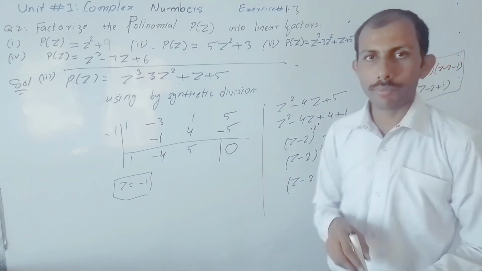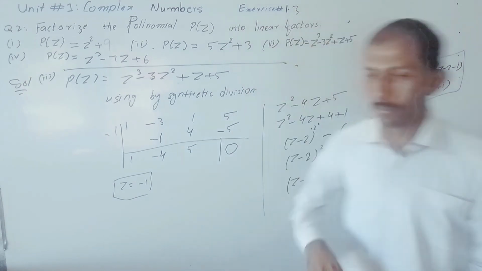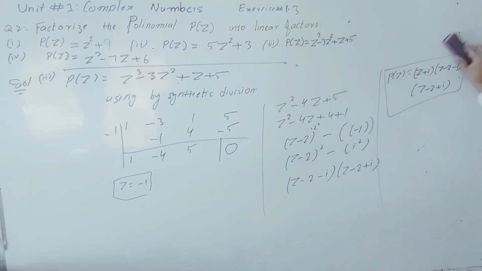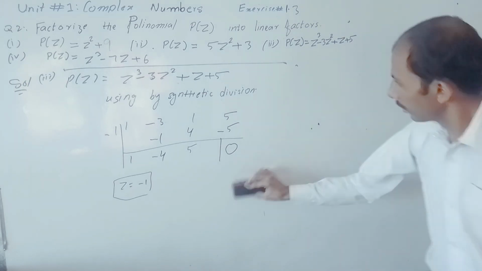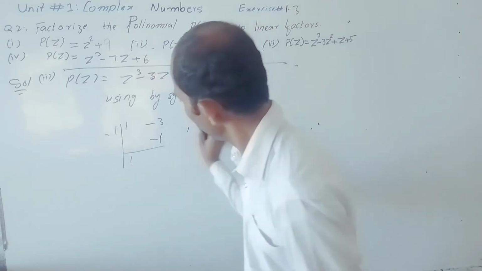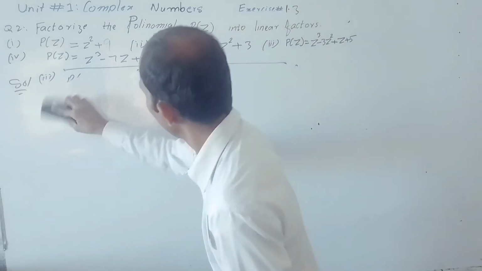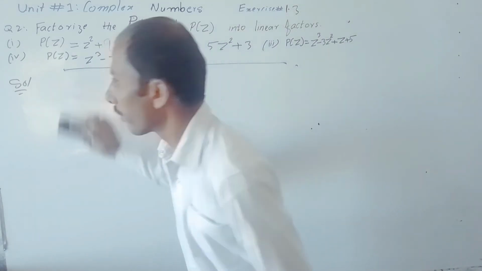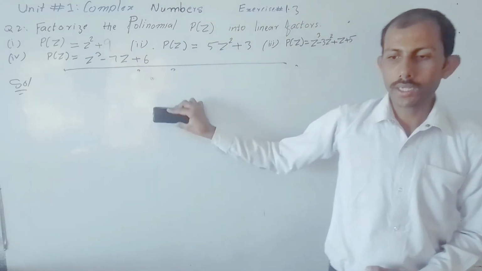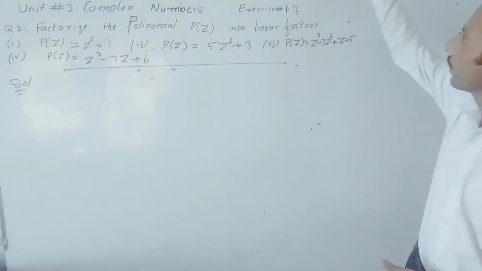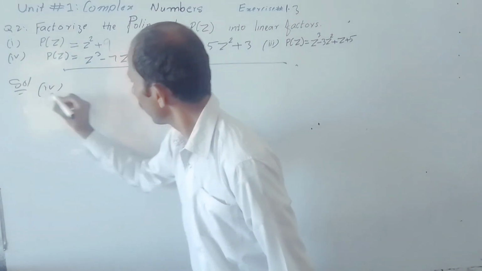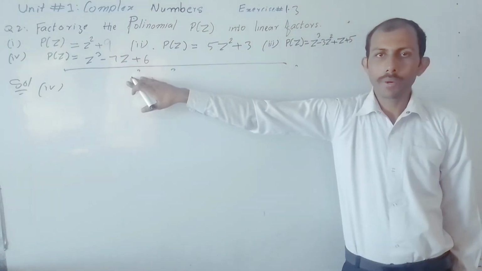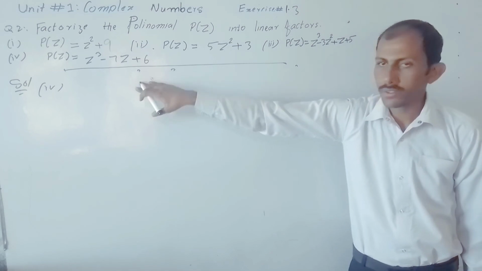Next, part number 4, that is z cube minus 7z plus 6.